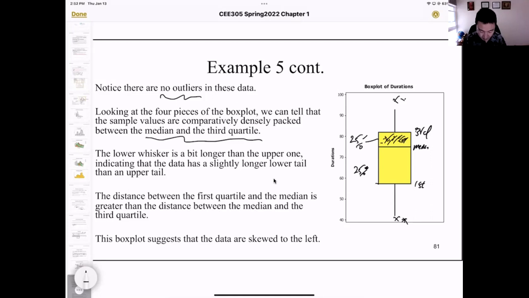The lower whisker is this line, longer than the upper whisker. That means the data has a slightly longer lower tail than the upper tail, so it's slightly skewed to the left.